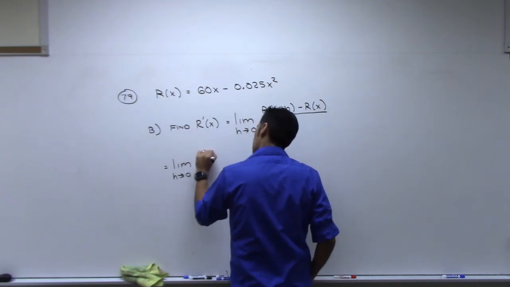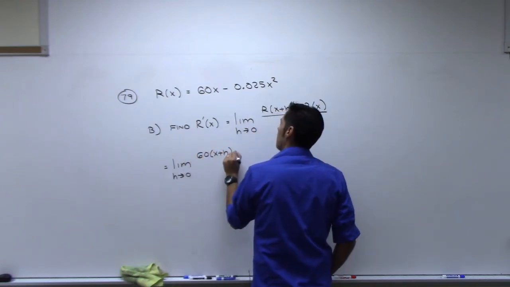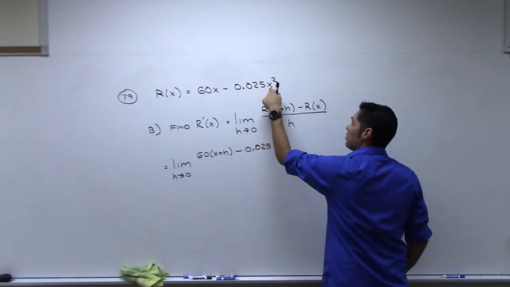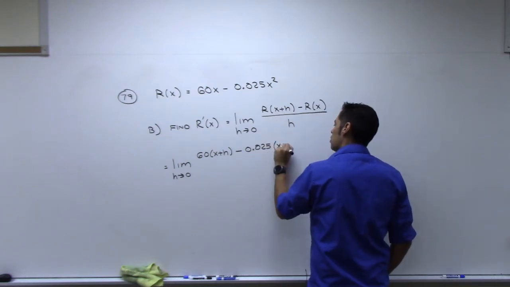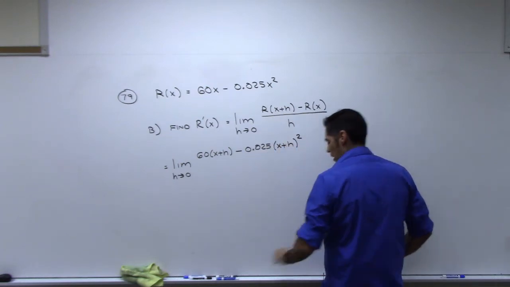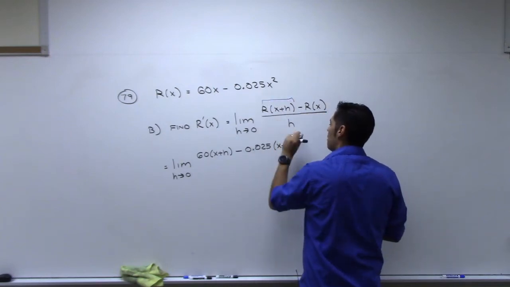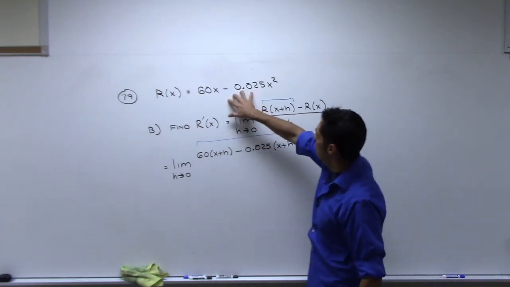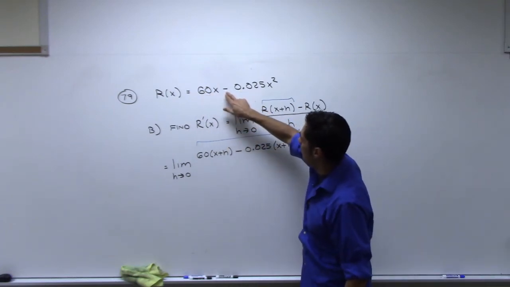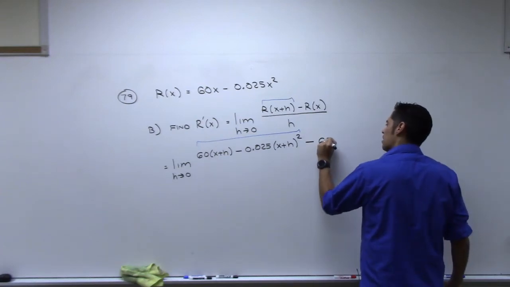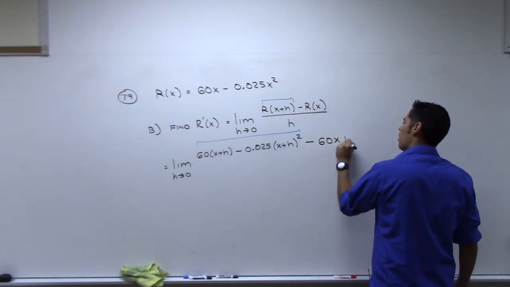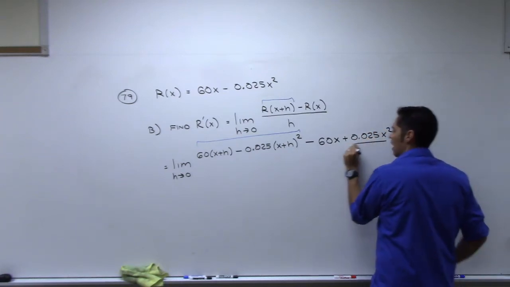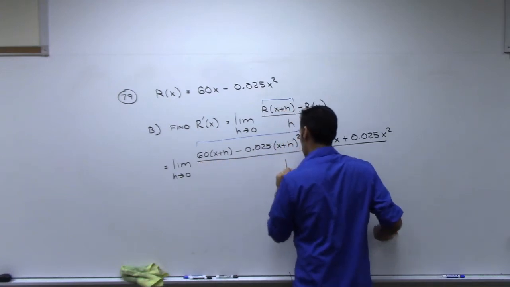So 60 times x plus h minus 0.025 times this squared, but that's x plus h. So x plus h squared. Okay, so we've got this top left piece taken care of. That's it right there. Then we have to do minus this, which changes this positive to a negative and the negative to a positive. So minus 60x and then plus 0.025x squared. This entire thing divided by h.